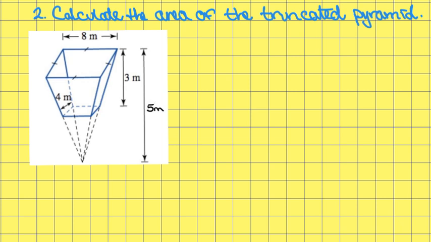Then you would chop off the small pyramid on the top, which has a base of 4 by 4 and a height of 2, not 3, it's 5 minus 2. So the volume is equal to the volume of the large minus the volume of the small.